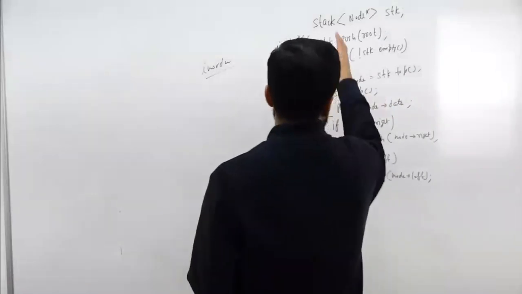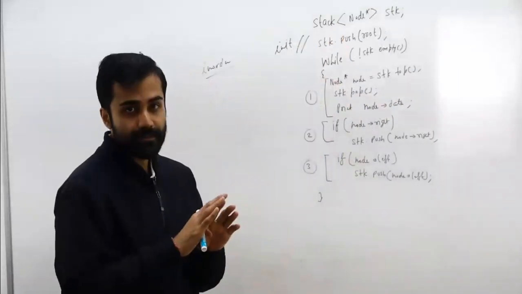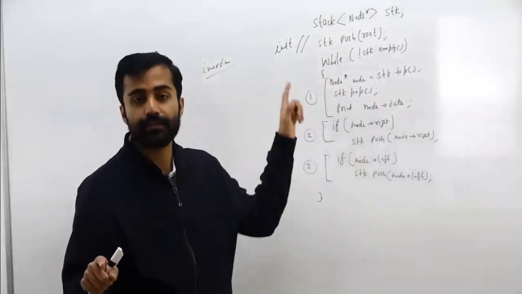By the way, any thoughts till now by others? You can just mention whatever random approach comes to your mind for iterative in order. Okay, first of all, do you all understand that this code is not going to give us in order? This is for pre-order.